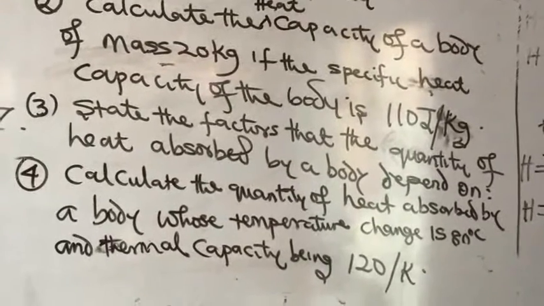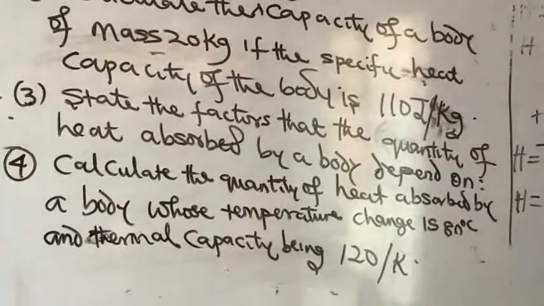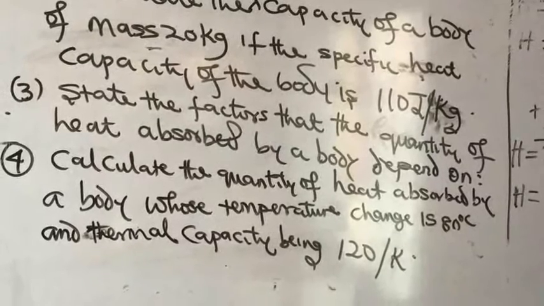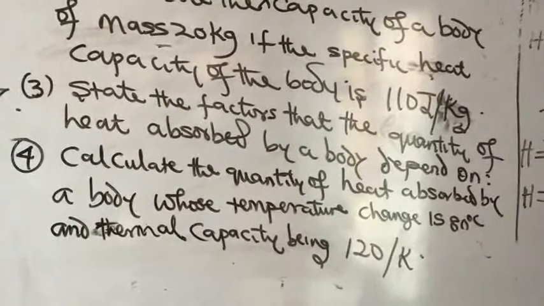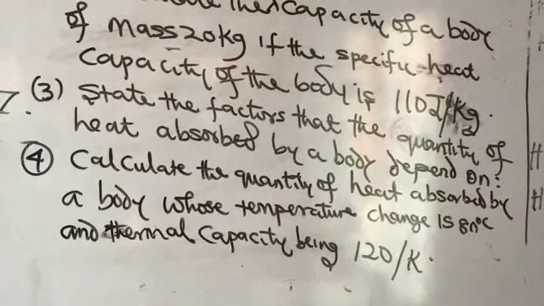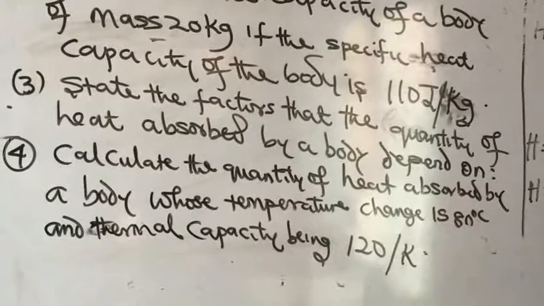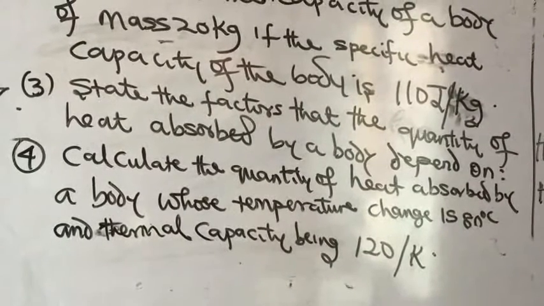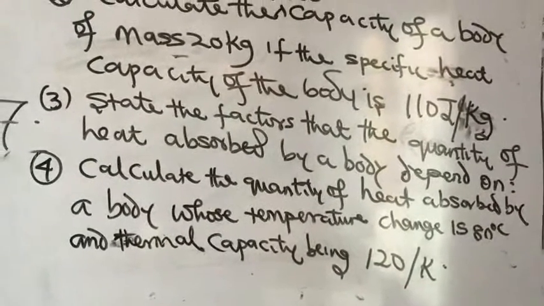Number four, calculate the quantity of heat absorbed by a body whose temperature change is 80 degrees Celsius and thermal capacity being 120 per kilogram or per Kelvin.